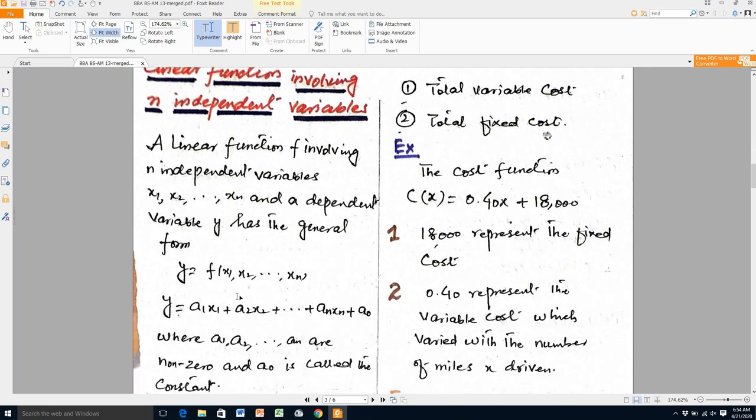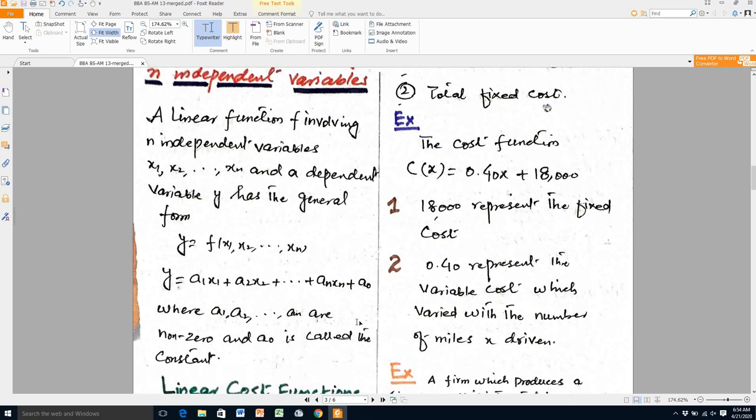Y is equal to a function based on n independent variables, and we can write it as y is equal to a1 x1 plus a2 x2 plus so on plus an xn plus a naught.